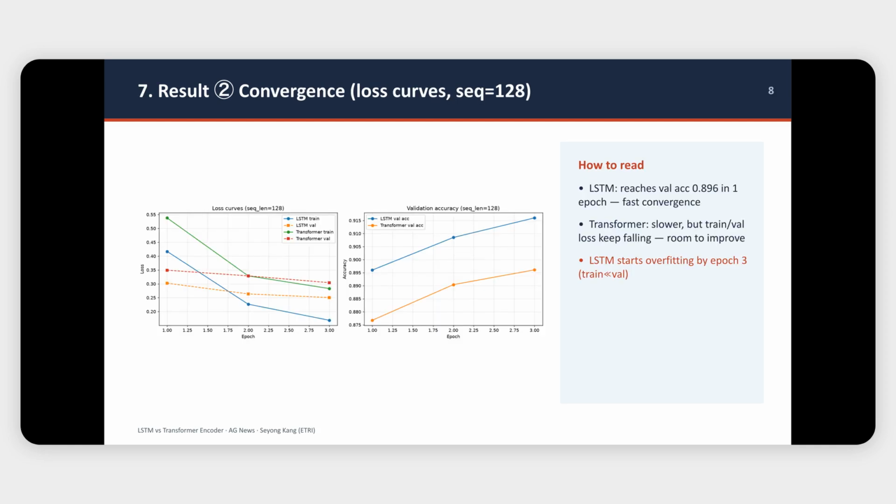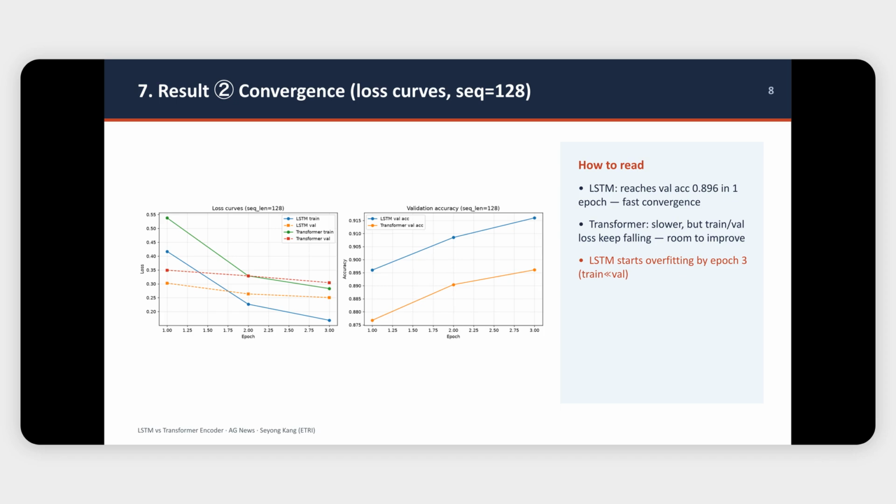This showed the transformer hadn't finished learning. The left is loss, right is accuracy during training. The LSTM learns fast, 0.9 accuracy after one pass. The transformer rises slowly, and its loss is still falling at the third pass. So more training would help.